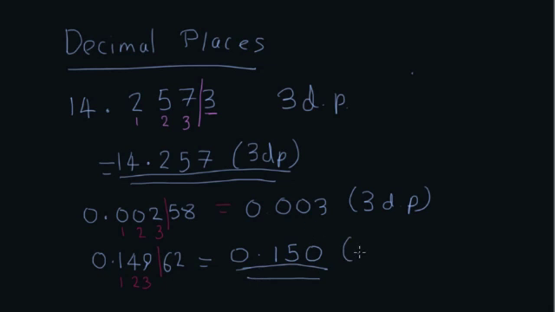Now because we're doing 3 decimal places, we include the 0. If it was significant figures, that would be something different, and that's what we're going to look at next.